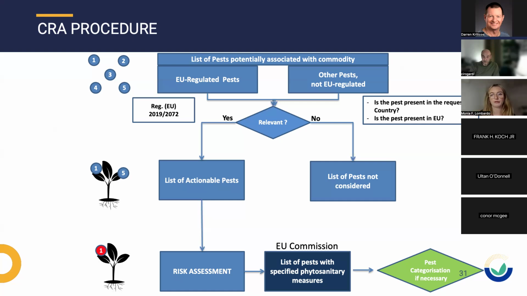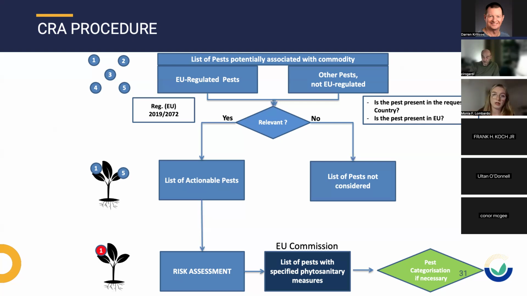Like for example, if a pest is uniquely associated with roots of the plant species, it's highly unlikely to be relevant if the commodity consists of cuttings, as the pathway for its spread would be highly improbable.